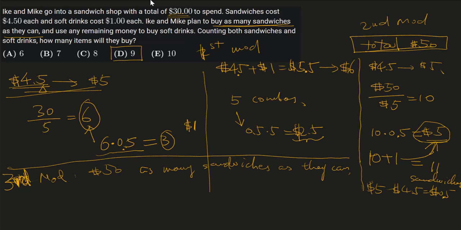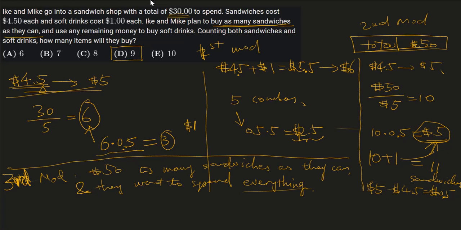They don't want any leftovers, and at the same time they want to spend everything. They want to have zero money left. So with these two combined conditions, this problem can be interesting, right?